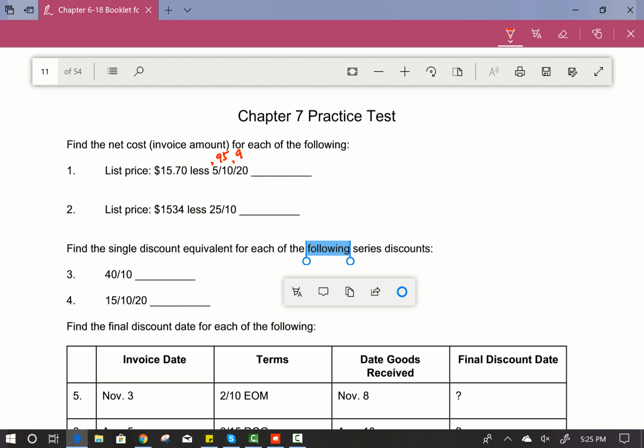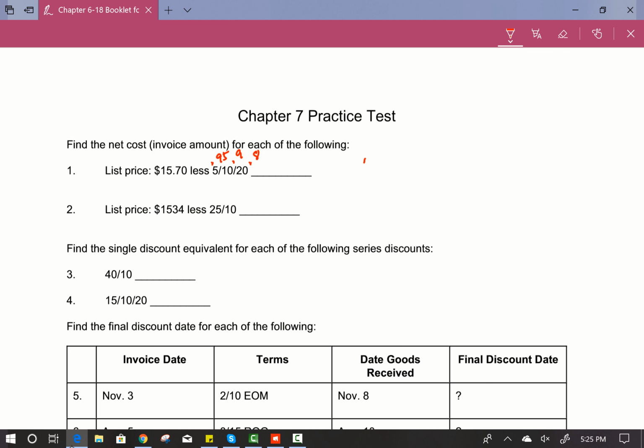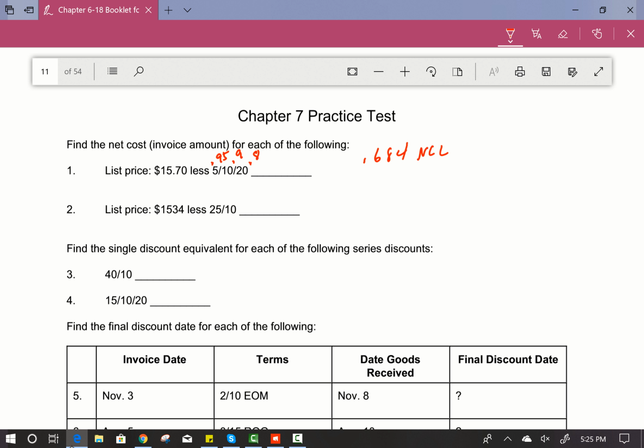And the difference between 20 and 100 is 0.8 after you move the decimal point 2 places to the left. So the net cost equivalent, if I enter that into the calculator, we're going to take 0.95 times 0.9 times 0.8 equals 0.684.